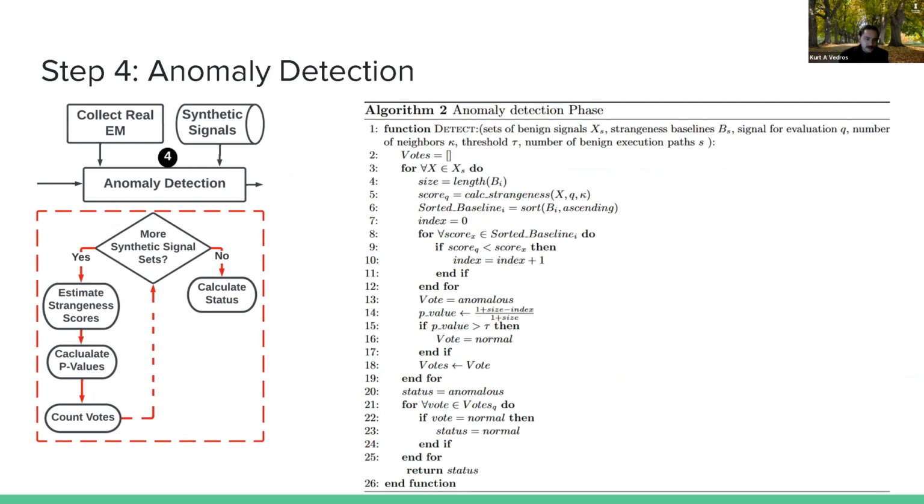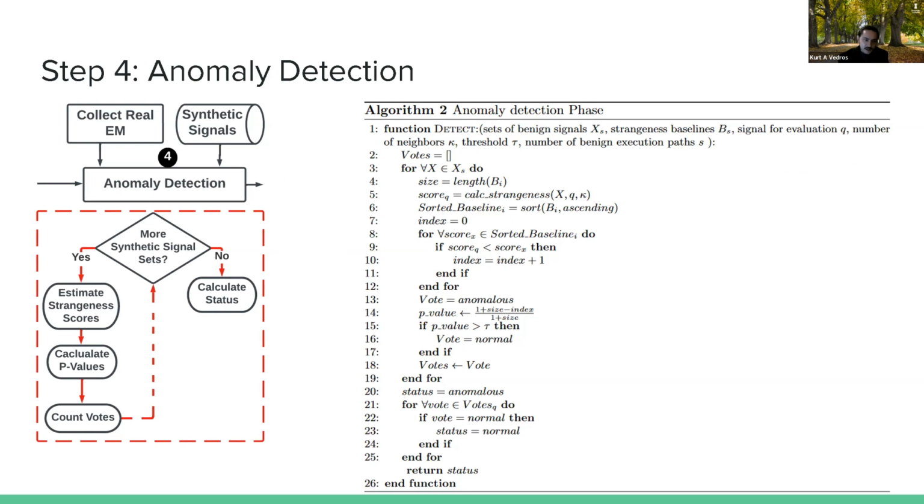So the fourth and final step is the anomaly detection phase, and it is performed during runtime. During this step, a new electromagnetic signal is captured from a device and is assumed to be running the same binary used to create the synthetic signals or baseline.